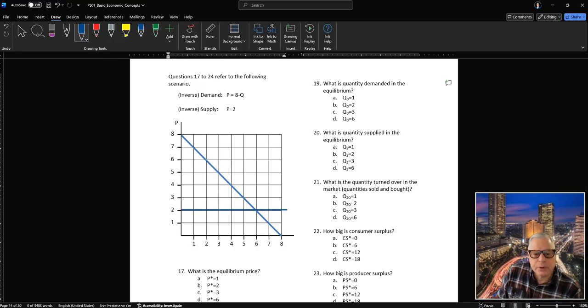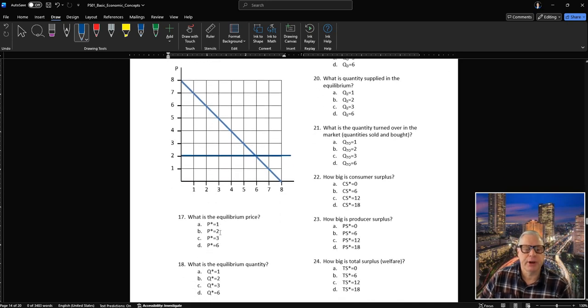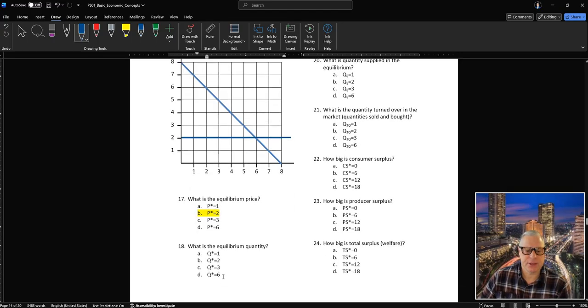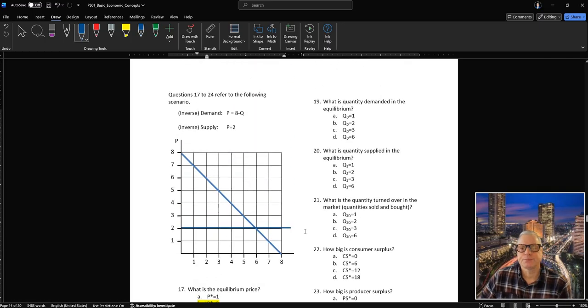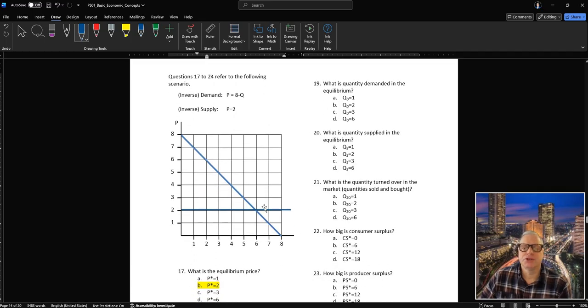So this is the supply. So the equilibrium price is now 2. What is the equilibrium quantity? That's 6. The quantity demanded in the equilibrium is also 6. The quantity supplied is also 6. Quantity turned over, also 6.